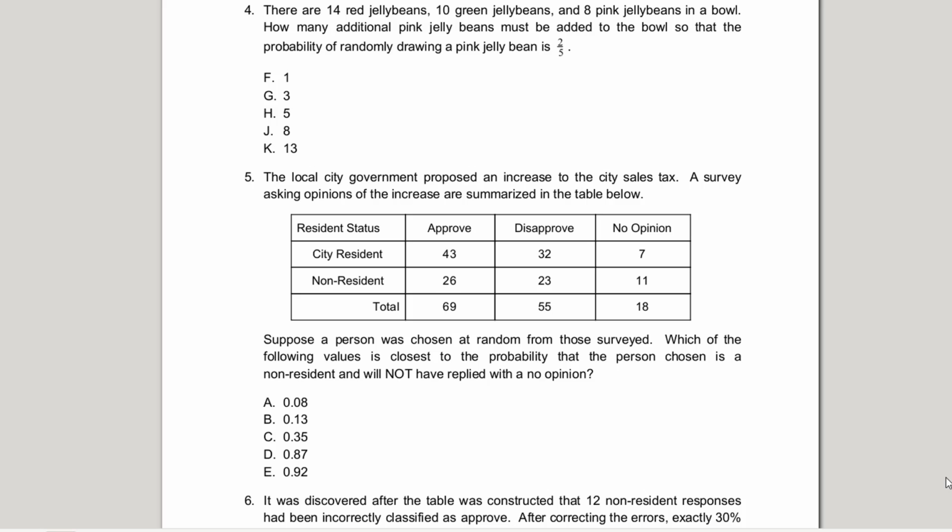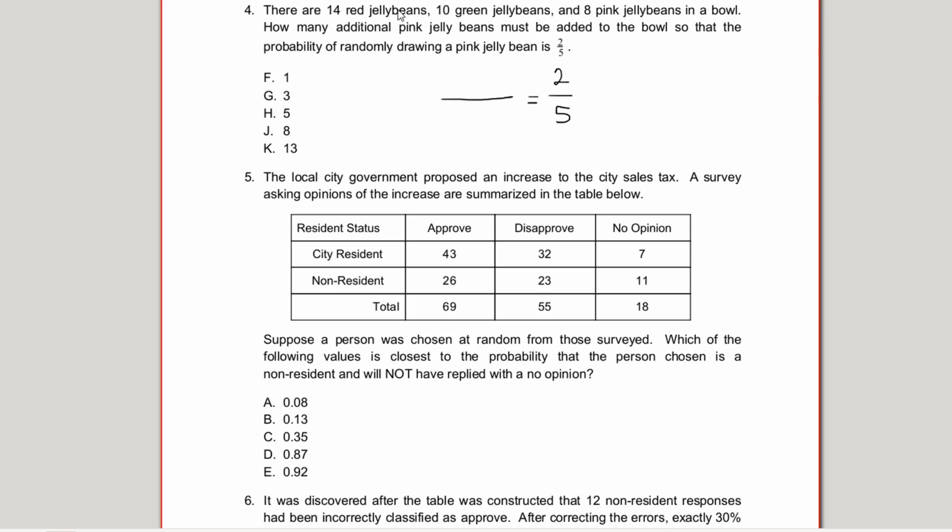Number 4 says there are 14 red jelly beans, 10 green jelly beans, and 8 pink jelly beans in a bowl. How many additional pink jelly beans must be added to the bowl so that the probability of randomly drawing a pink jelly bean is 2 over 5? So we want our probability to be 2 over 5. And by definition, when we're looking at probabilities, it's the part over the whole.